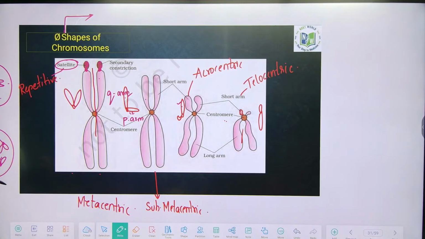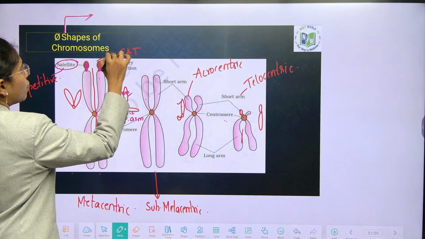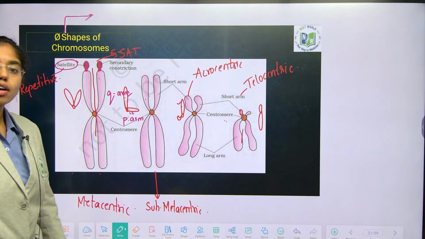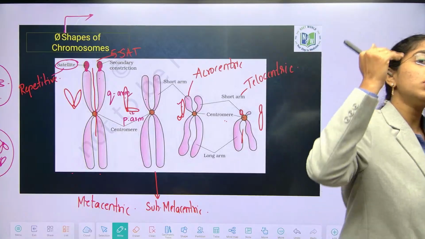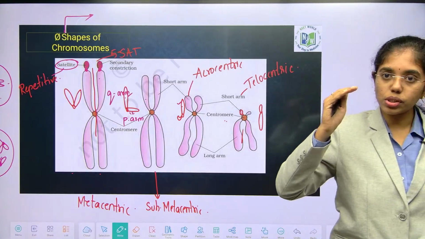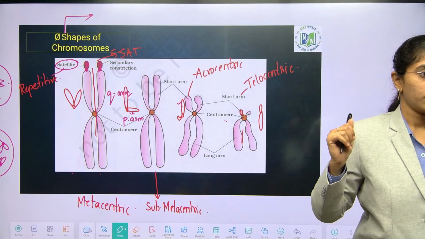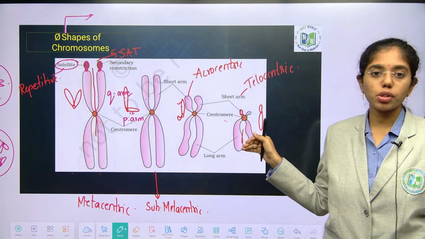In the human nucleus, there are 5 satellite chromosomes. Not all chromosomes have secondary constrictions, only a few. The part above the secondary constriction is called the satellite. Understood about the different shapes of the chromosome?